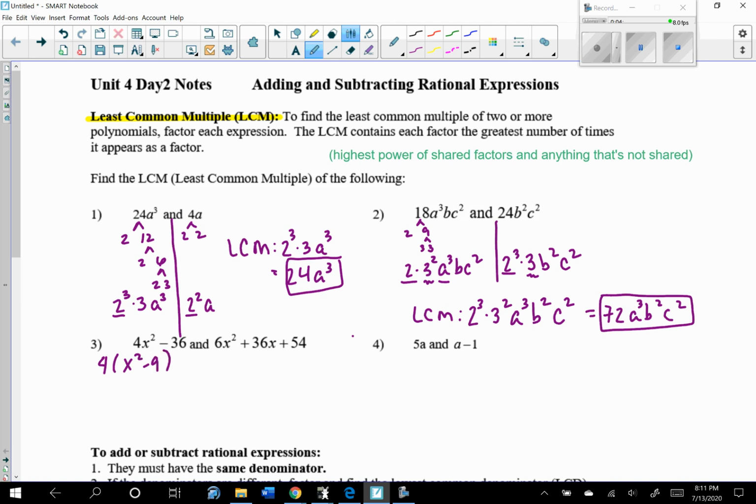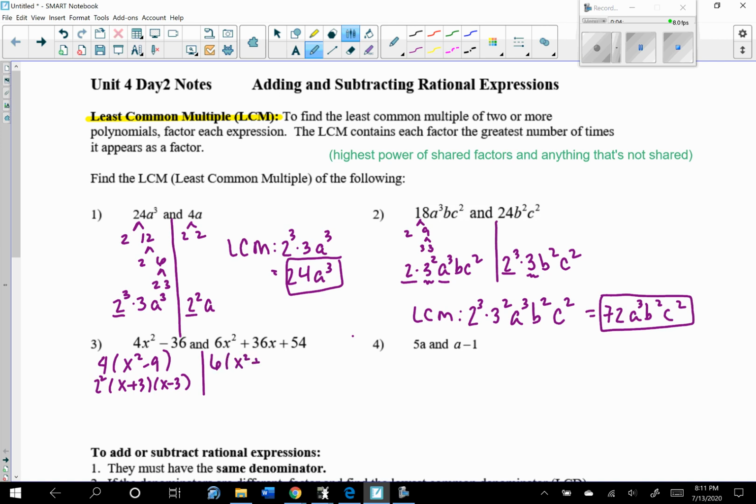And then we have 2 terms. This is squared, and we can take the square root of 9, and it's a minus, so we can do the difference of 2 squares. So 4 times x plus 3 times x minus 3. And of course, we can write 4 as 2 squared, so we'll go ahead and do that here. And on this side, same thing. So first look for the greatest common factor, which is 6.